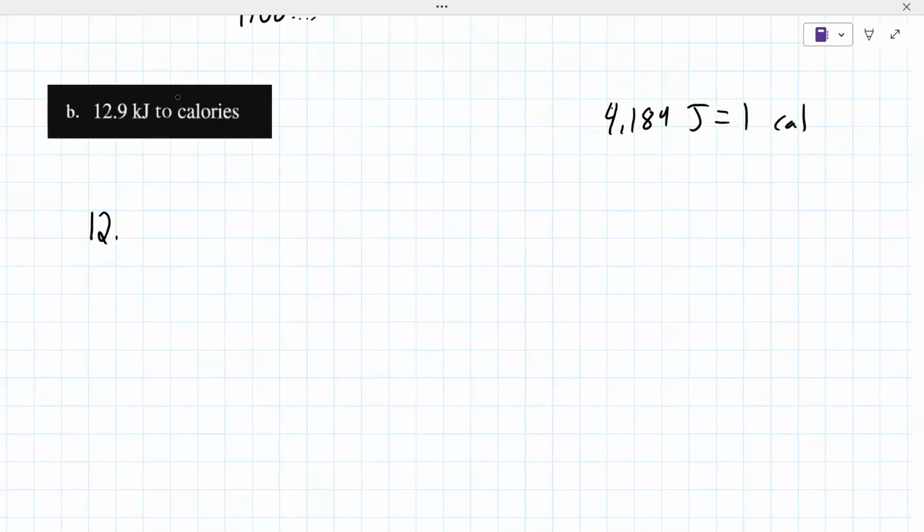You start with the given quantity, and what should we go to first? To the big calorie? We can't do that. We can only go to joules. How many joules are in a kilojoule? 1,000 joules in a kilojoule, right? Yes.